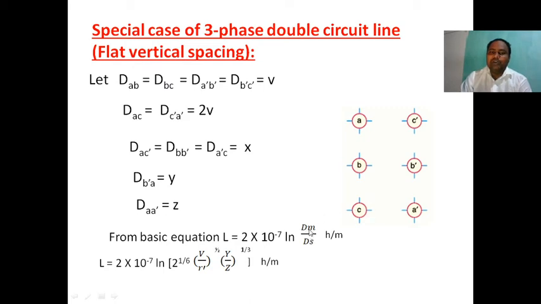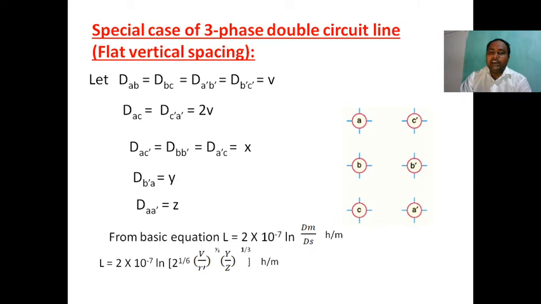In a similar manner, the mutual GMD DAB. What is the possible combination of DAB? The possible combinations of distance between conductor A to B: DAB, D A dash B, D B to A, D B dash to A. All four combinations of the mutual GMD are taken whole power 1 by 4.